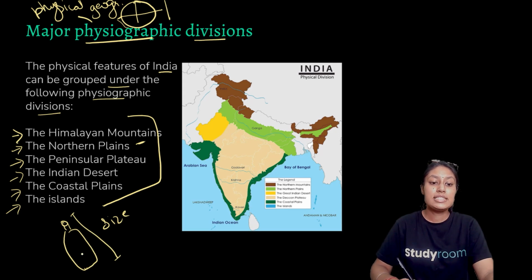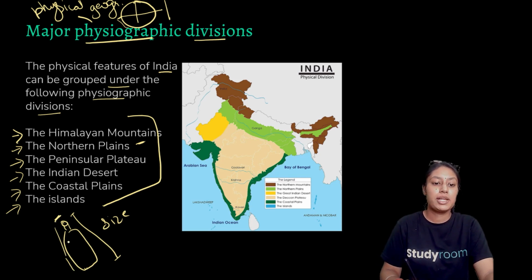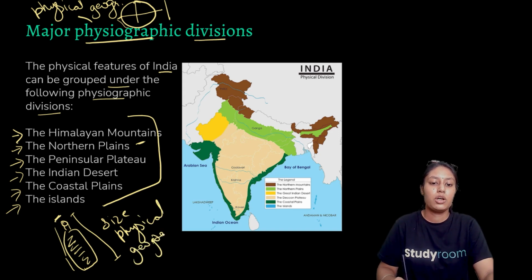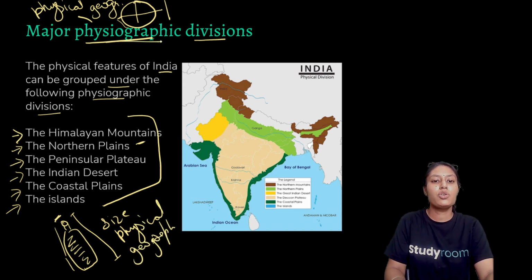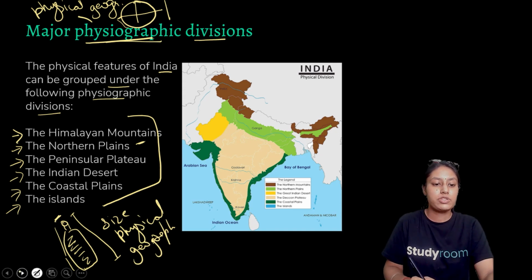And what is the reason this bottle has been placed? What is its mass? So everything comes under physical geography, which is known as physiographic.